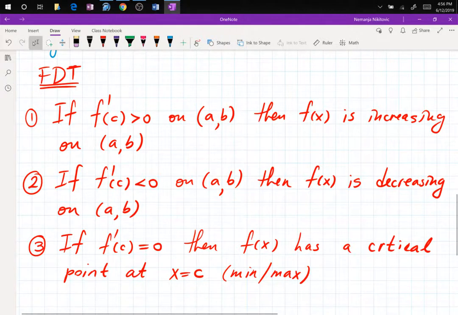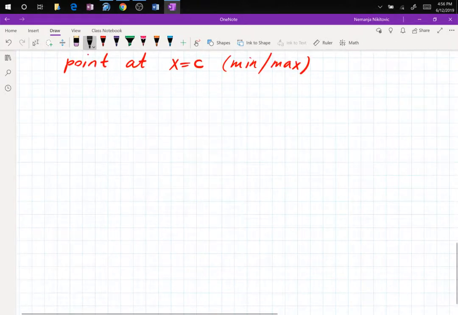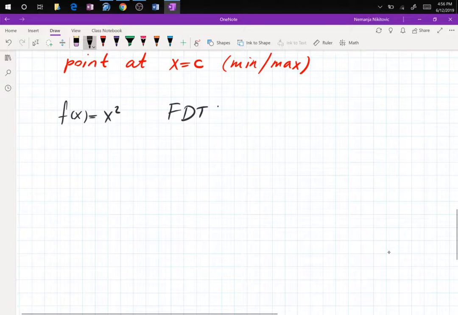And I'm going to run this statement against the function we all know, x squared. Very simple, right? We'll start with a very simple function. So f of x is equal to x squared, and let's just use the first derivative test to figure out all we can. Okay.